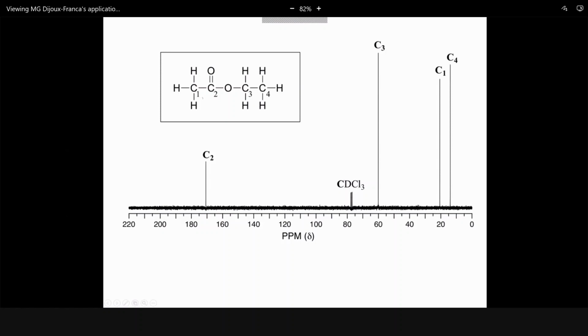And this is directly related to the nature of the chemical groups in the molecule. For example, methyl groups here, carbon 1 and carbon 4, as they are methyl groups, they have a low chemical shift. It's between 10 and 20, depending on the chemical groups around. For example, carbon 1 is more deshielded.